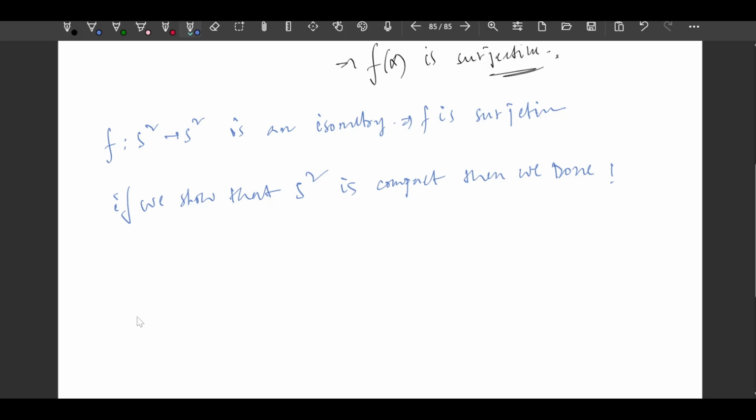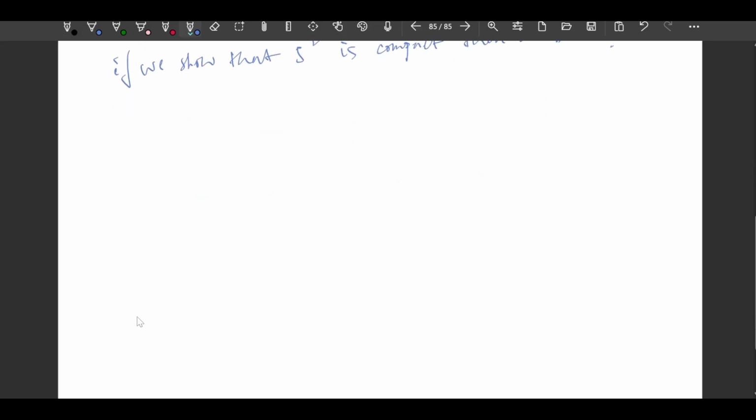How do we show that S2 is compact? Visually it is clear, right? S2 is closed, it is bounded, so it is a subset of R3, so closed and bounded imply compactness, right? So visually it is clear.